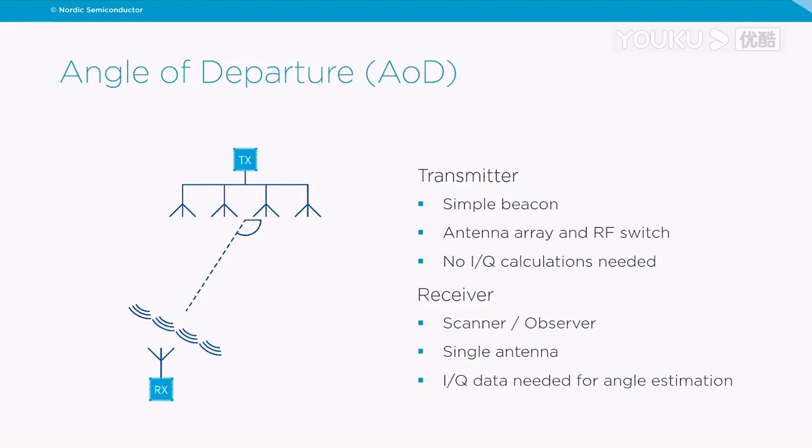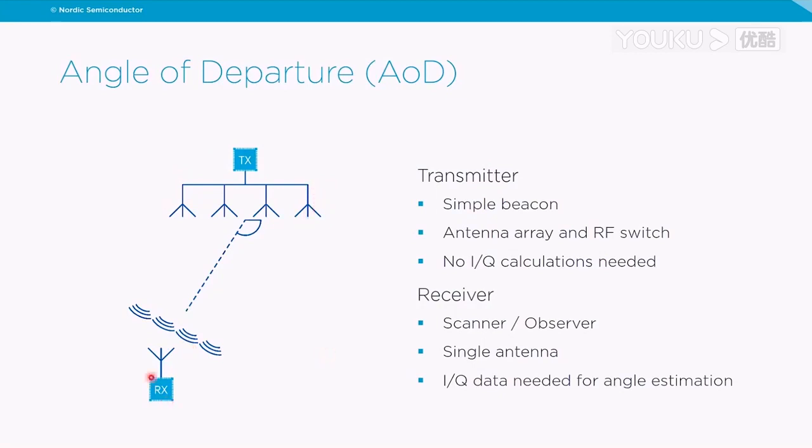Then you have angle of departure, where the roles are kind of turned around. Here the transmitter is simpler, but it has an antenna array and one or more RF switches. But no IQ calculations are needed in this device. So here this will send a signal on each of these antennas at different times.